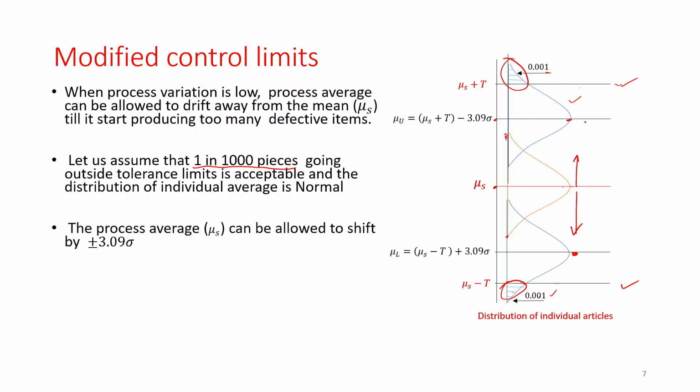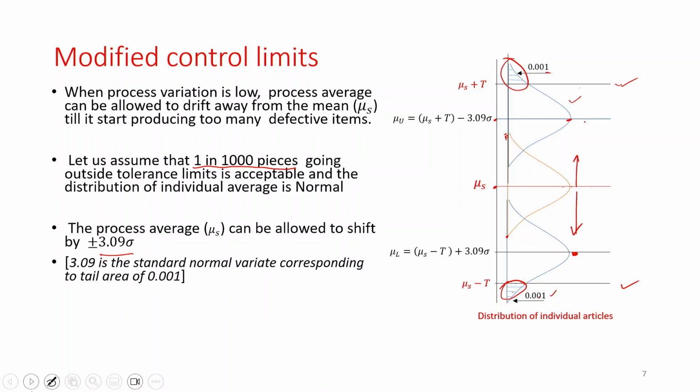From here to there, and this shift is plus minus 3.09 sigma. 3.09 is the standard normal variate corresponding to the tail area 0.001. When this area is 0.001, then corresponding to this area, the standard normal variate, that is Z alpha, while alpha is 0.001, the corresponding value will be 3.09.